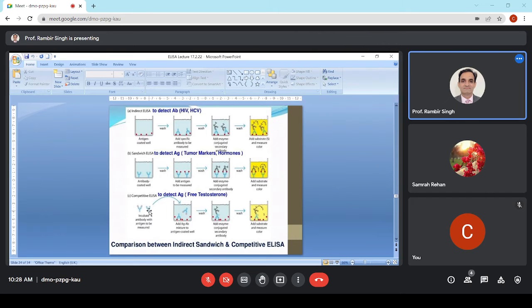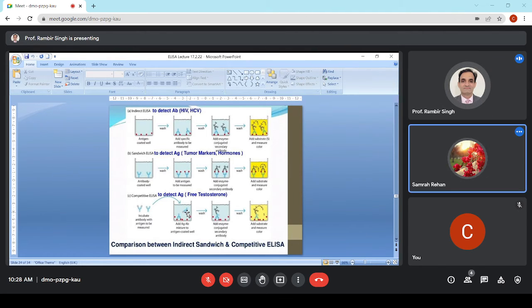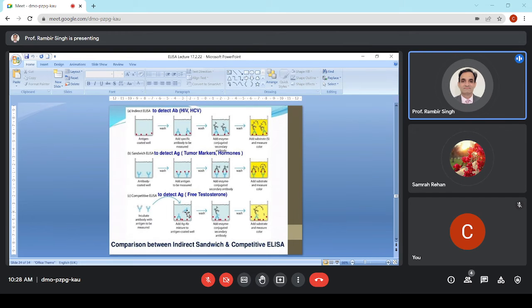If we give this unbound antibody, it will knock out certain antibody which is already bound, right? That means the antibody is competing with the antigen, and some of the bound antibodies are kicked off.